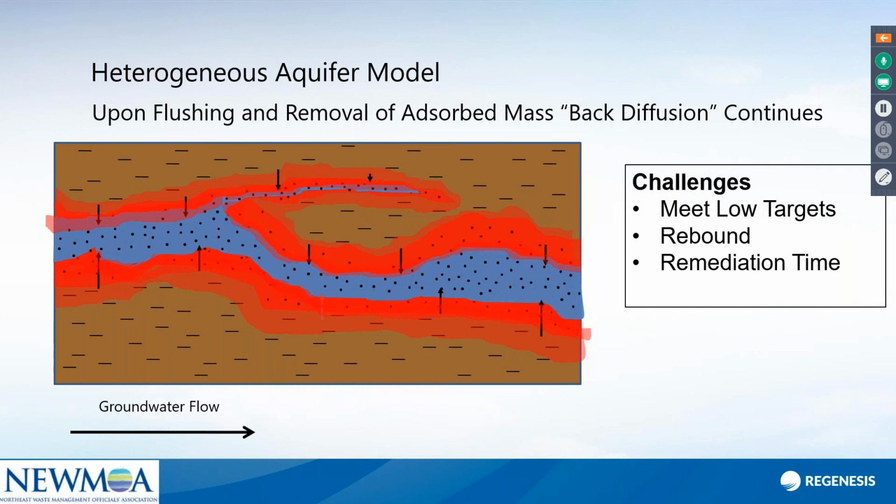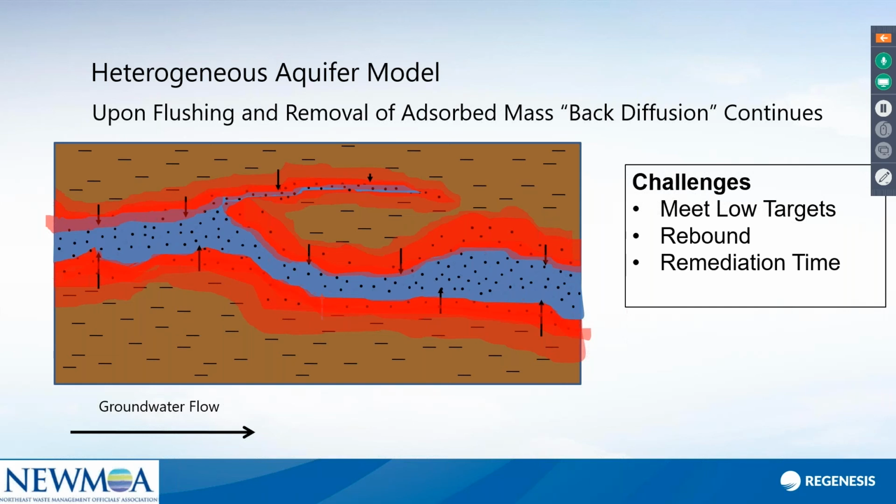So if you have a reagent that flows through this pretty easily, but you don't have a lot of longevity, like chemical oxidants generally don't have the longevity, you may clean this up and then you're going to have the diffusion back from the finer grained into the more permeable zones. Now, Mike had mentioned this too, if you have sufficient natural attenuation to overcome what's coming into this, then you may be fine.